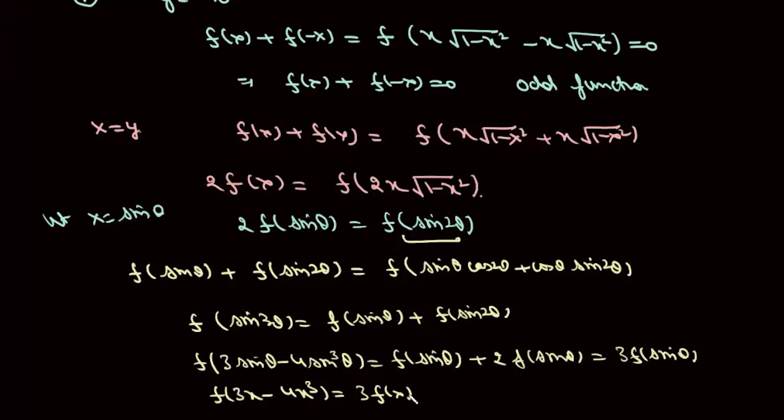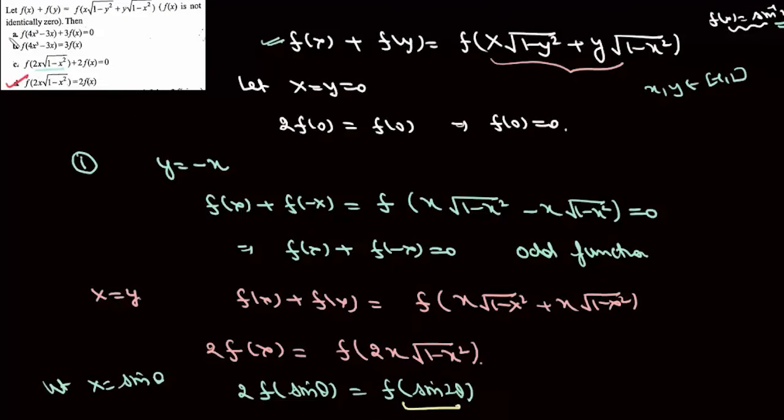But in the option, we are given 4x cube minus 3x, and we know that f(x) is an odd function. So from here, we can say f of 4x cube minus 3x will be equal to minus 3f(x). That means the correct option is this option A. So the correct options are A and D.